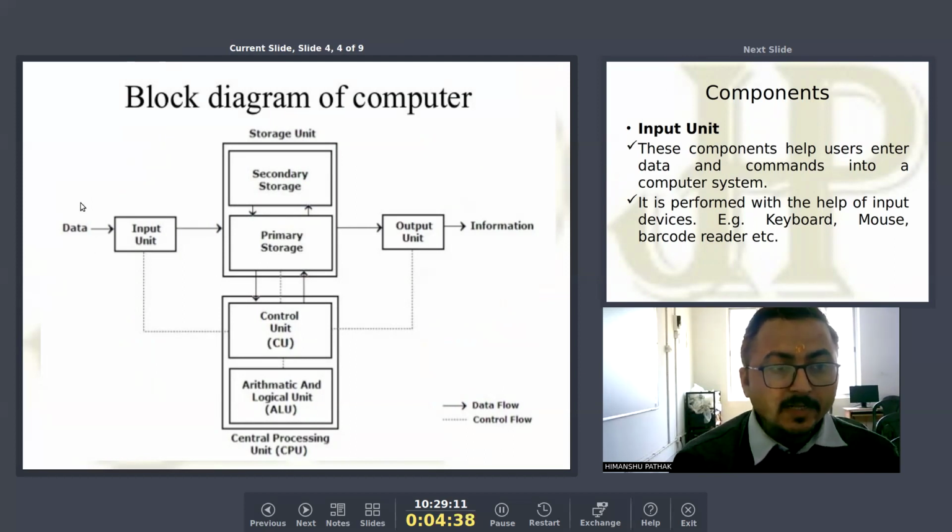Here you can see that the first step is data and the last step is information, and between these, our computer lies.